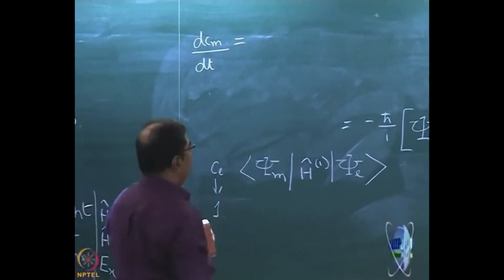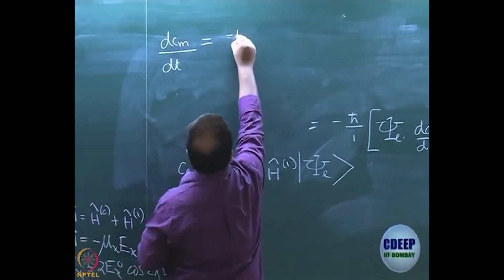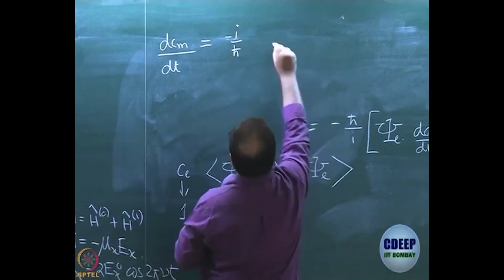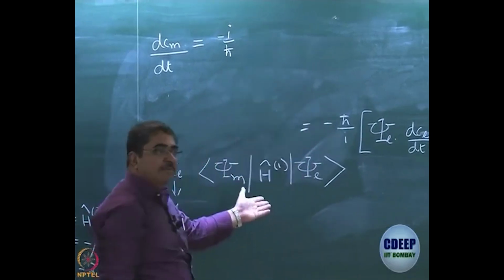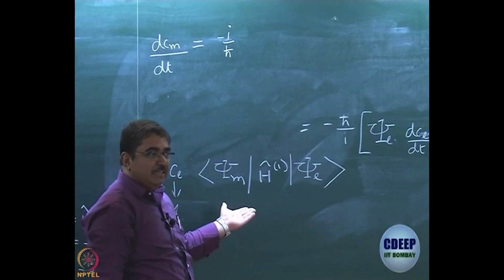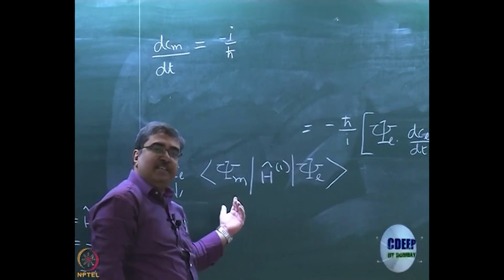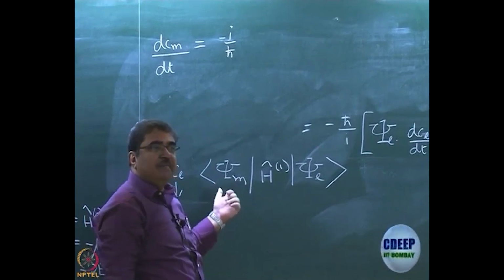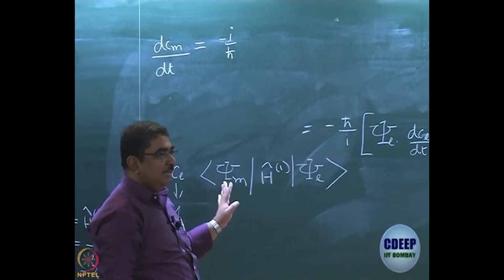We put this to be 1, right, is equal to minus i by h cross. Now, I can simplify this a little bit, can I not? Because integral is over space. So, I can keep the space dependent part of the wave function inside the integral and I can bring the time dependent part out, right.